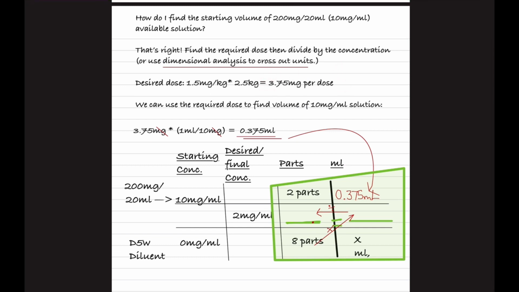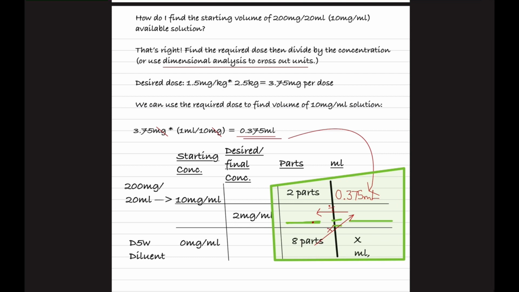We can use the required dose to find the volume of the available solution that was in question. It was the one that we reduced from 200 milligram per 20 ml to 10 milligrams per ml. Now we take that dose, we put it here, and the concentration, we put it here, we cross out milligrams, and we get our answer.